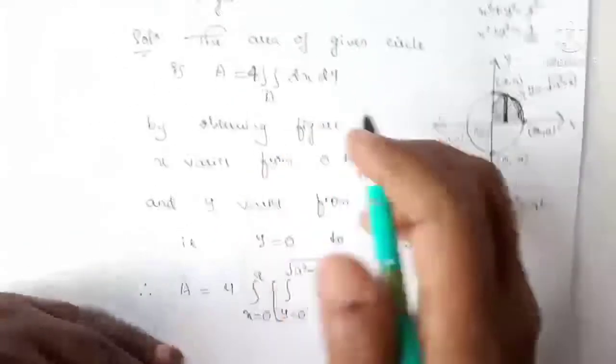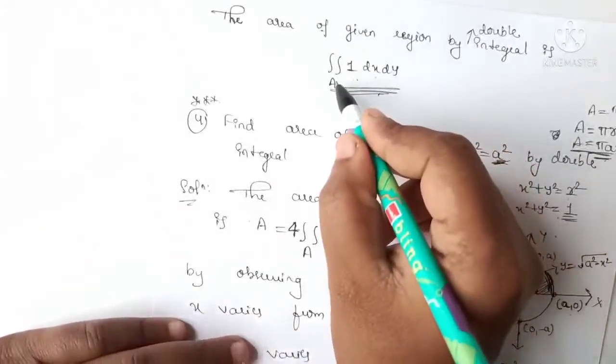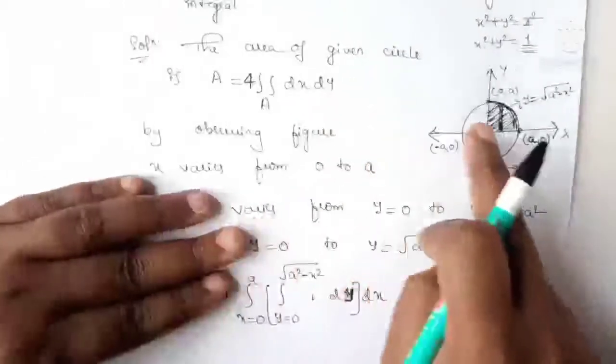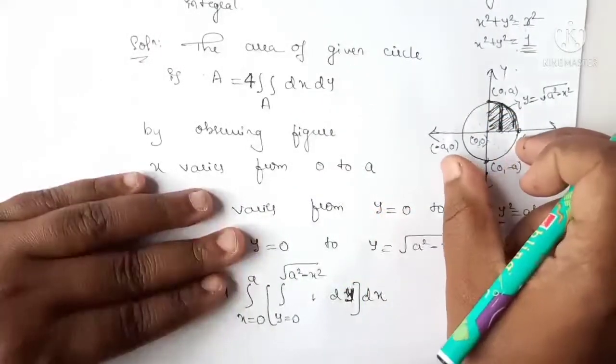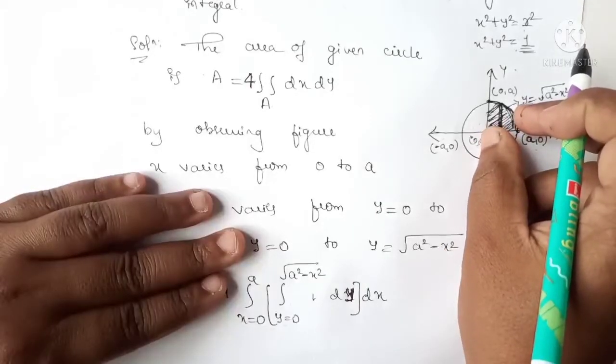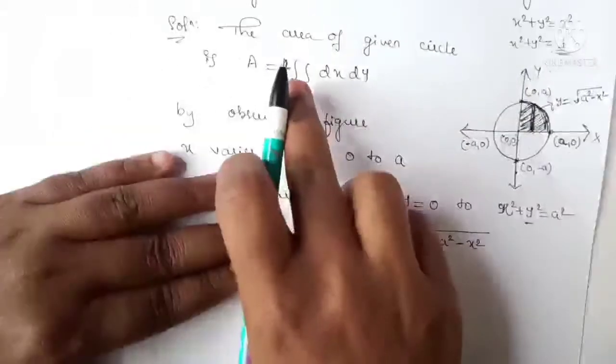Remember that for any given curve, the area will be this double integral of 1 dx dy. I have written 4 here because for this particular circle I am just considering only the first part in the first quadrant. Therefore I have multiplied this by 4.